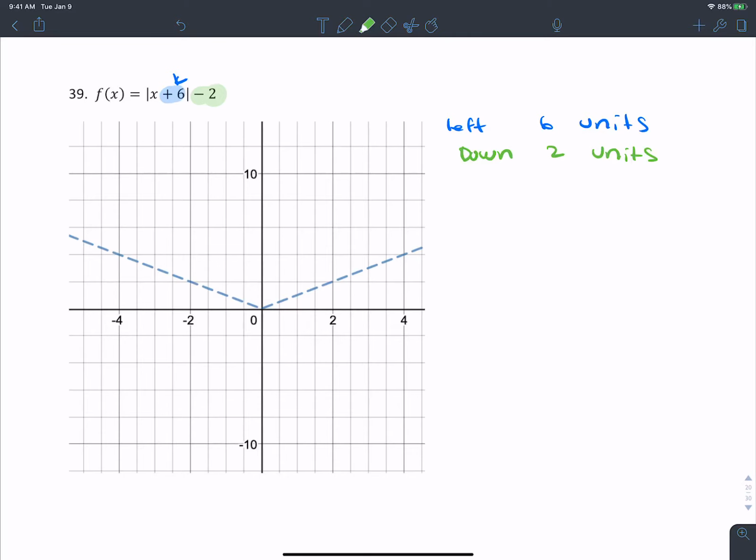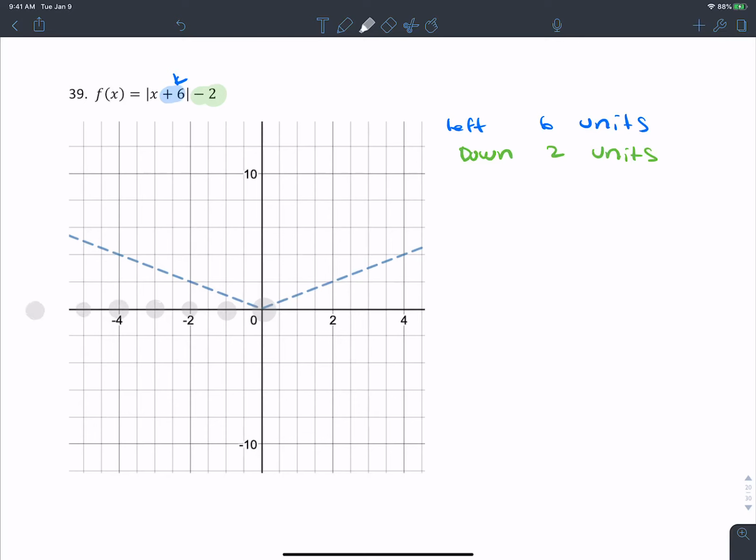So what I like to do is get my hands on, again, this imaginary sort of vertex. It's not really a vertex, but it's kind of similar. I'm going to move that particular point to the left 6 units and then down 2 units. So let's go to the left 6. 1, 2, 3, 4, 5, and 6.